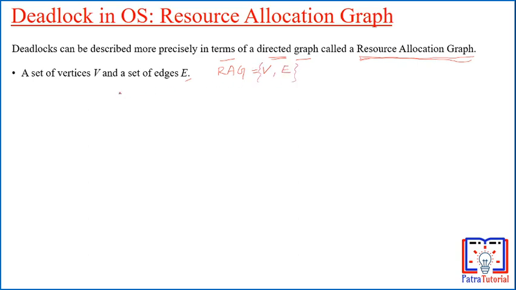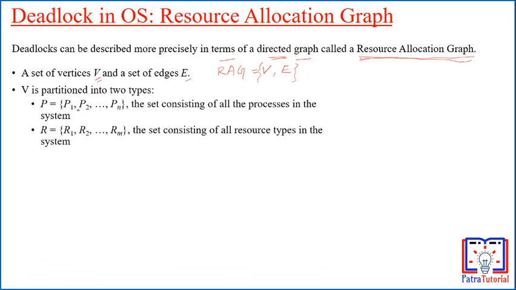There are two types of vertices in a resource allocation graph. The first one represents processes, and the second one represents resources.